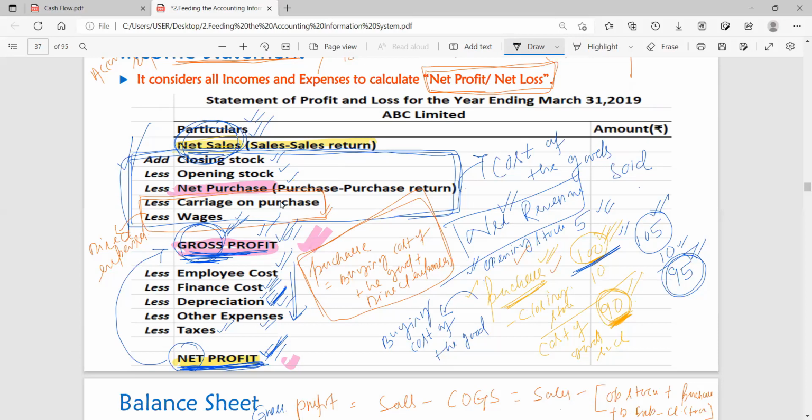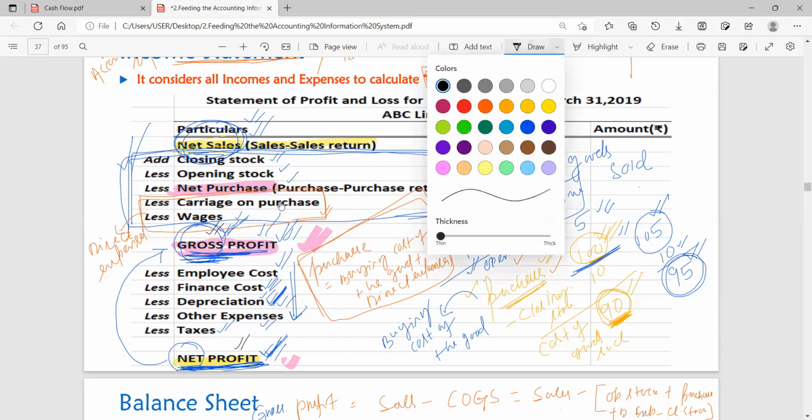Expanding the equation, the gross profit calculation is net sale, plus closing stock, minus opening stock, minus net purchase, minus those expenses. And from gross profit, all other business expenses we minus, and we get the net profit. This is the income statement for a smaller business, not for a corporate entity.